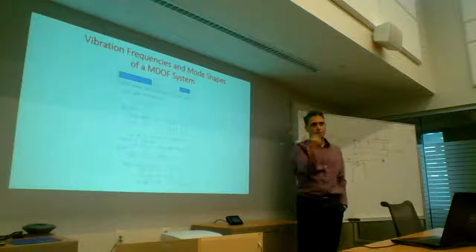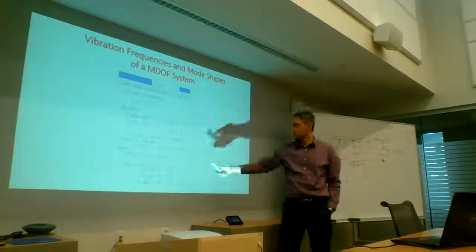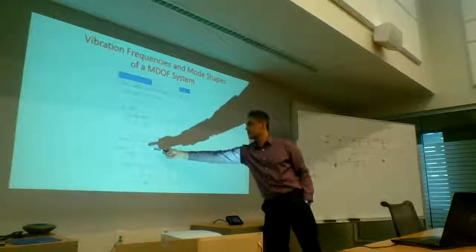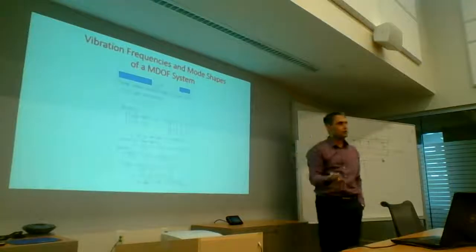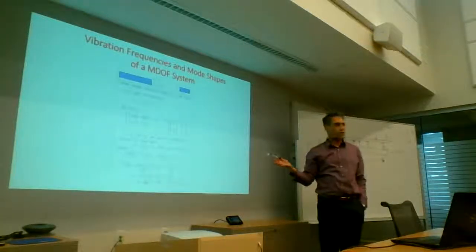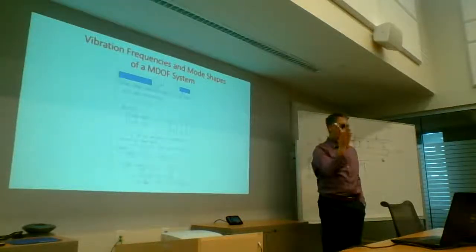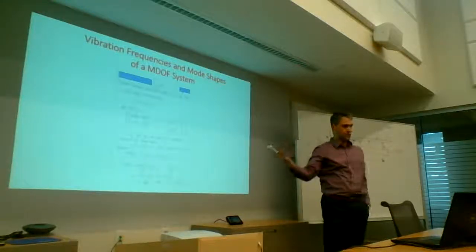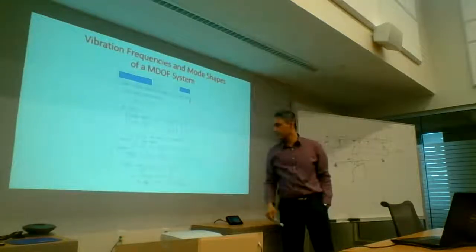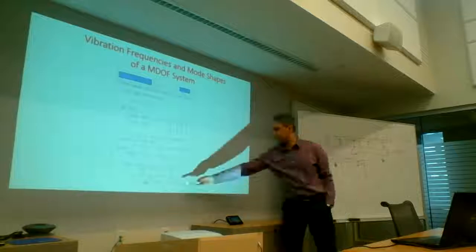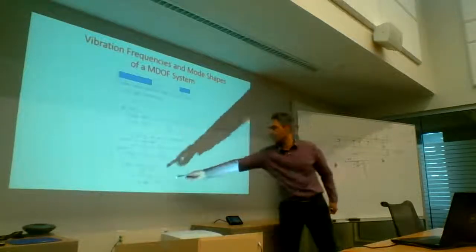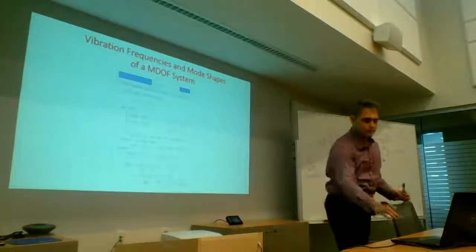So you just assume the first value. You can assume phi 1,1 to be 1, and then phi 2,1 will come out to be something else. But it's still as applicable as this case. I just assume phi 2,1 to be 1, and then my phi 1,1 comes out to be 0.62.